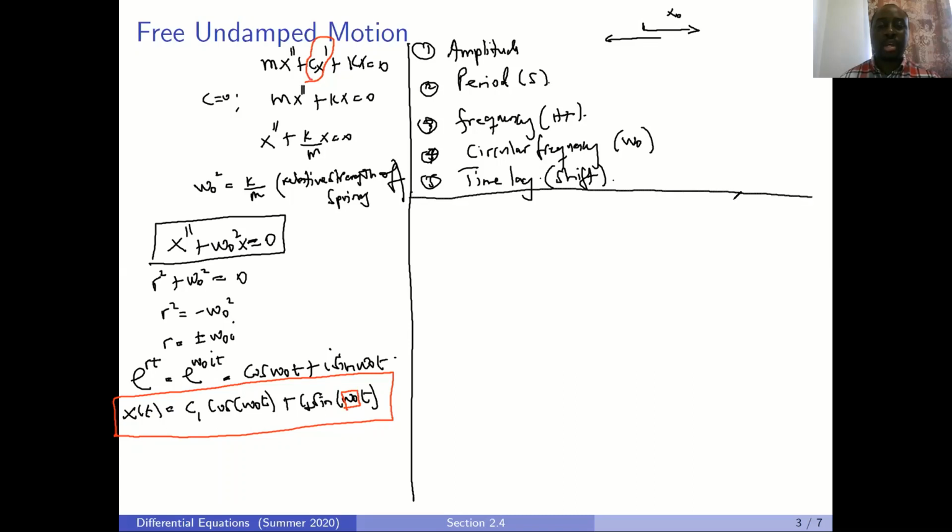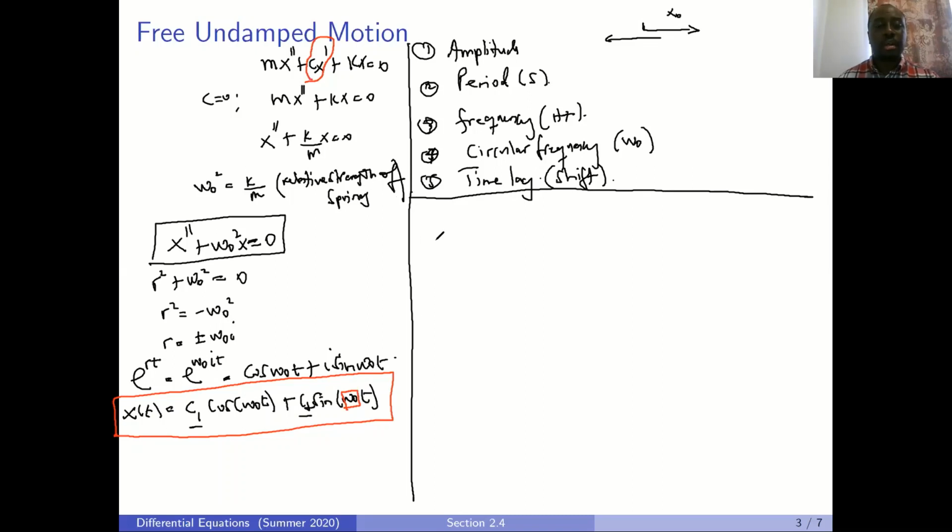For example, as it is now, it is unclear what the amplitude is, because the cosine curve has some amplitude, and the sine curve has its own amplitude, C2. In terms of a superposition of the two curves, it's unclear what the effective amplitude would be. So for convenience, we will combine this into a single trigonometric function.